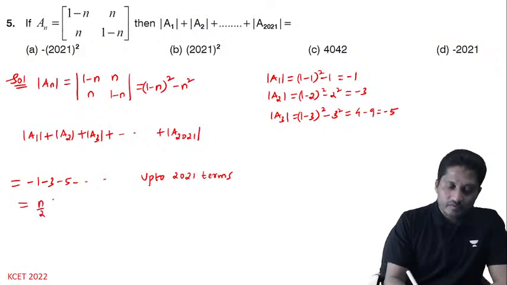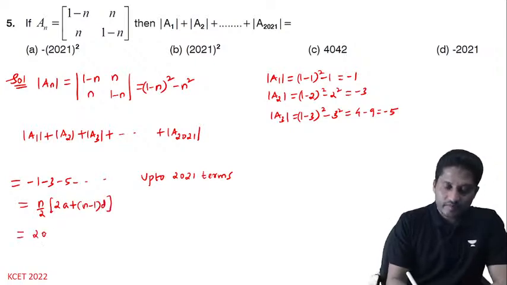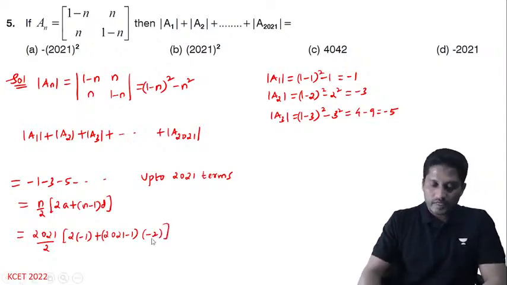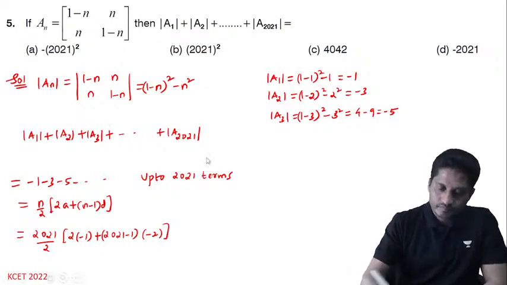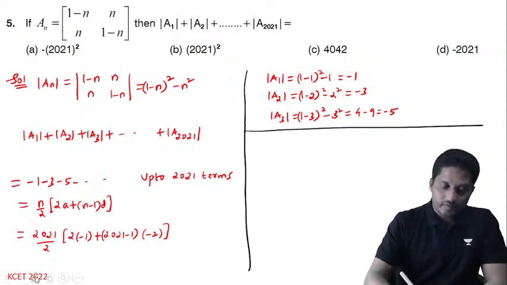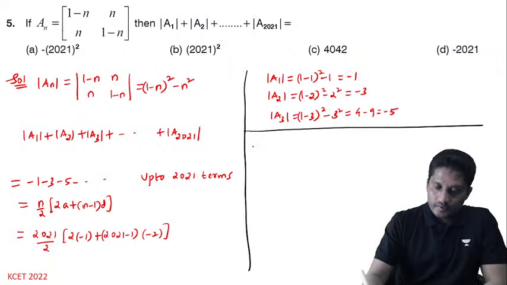Formula is n by 2 into 2a plus n minus 1 into d. So number of terms is 2021 by 2 into 2a. A is minus 1, plus 2021 minus 1 into difference, which is minus 3 minus minus 1, that is minus 2. If I simplify this, it is 2021 upon 2.